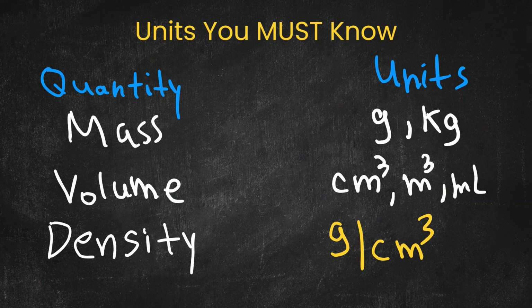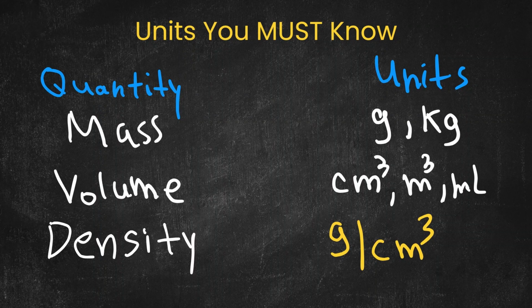Let's talk about some important units you must know. Let's talk about quantity: mass, volume, and density. For mass, the units are grams and kilograms. These are the most popular units you will see in problems. And for volume, you will see cubic centimeters, cubic meters, or milliliters.